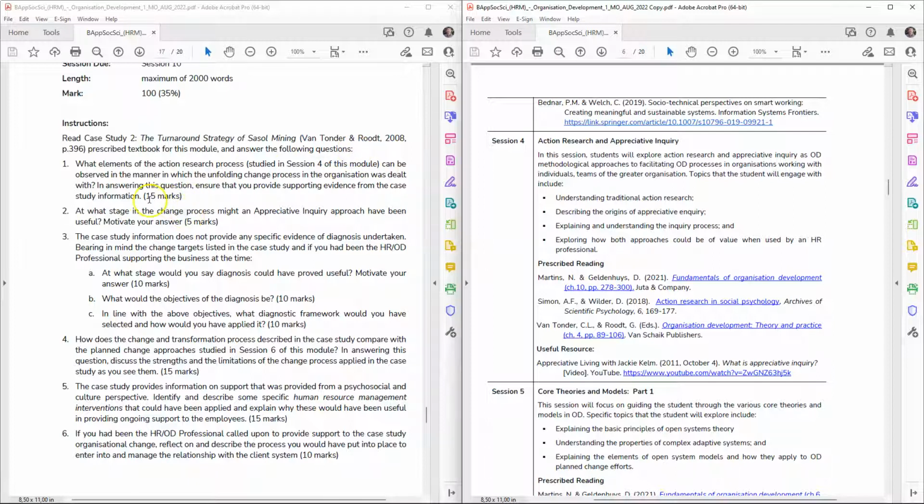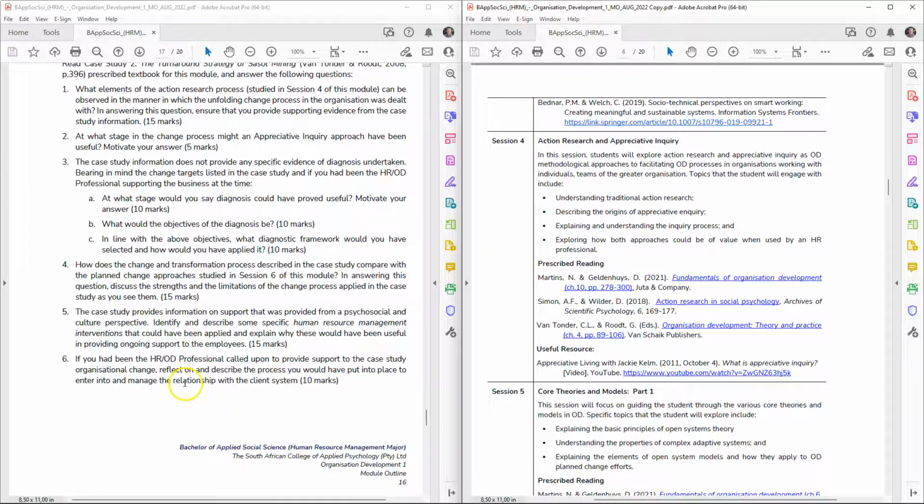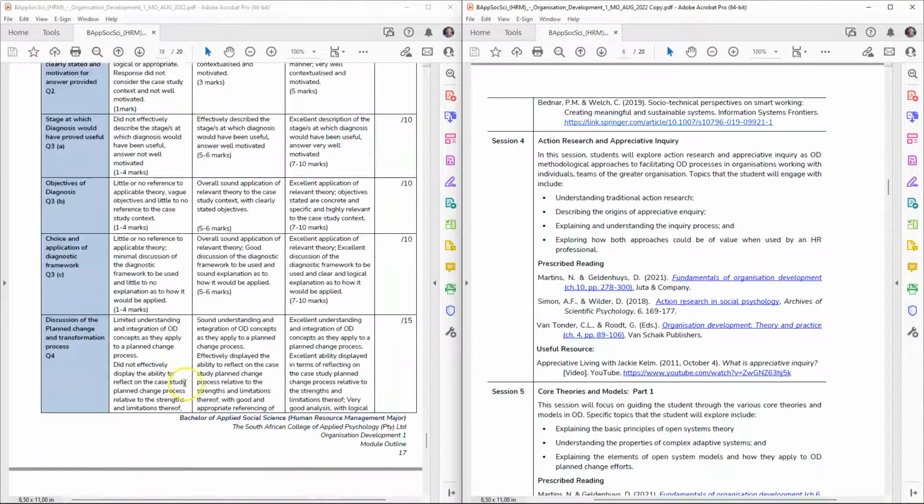But the mark allocation you can use as a rough indicator of the proportionate word allocation for each of the questions. I think they all add up to 100: 15, 20, 30, 40, 50, 65, 80, and then 90. Let me just see here quickly.